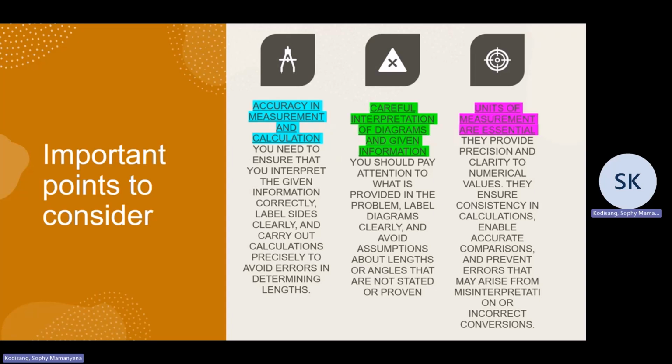It means you need to ensure that you interpret the given information correctly, label sides clearly, and carry out calculations precisely to avoid errors in determining the lengths. And also careful interpretation of diagrams and given information, meaning that you should pay attention to what is provided in the problem, label diagrams clearly, and avoid assumptions about lengths or angles that are not stated or proven.